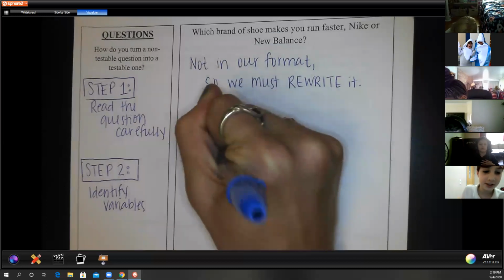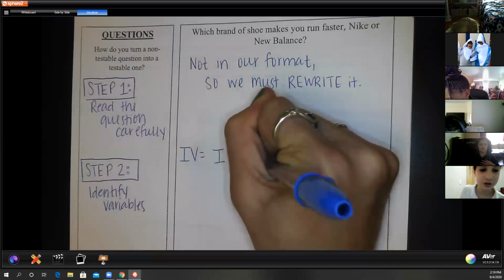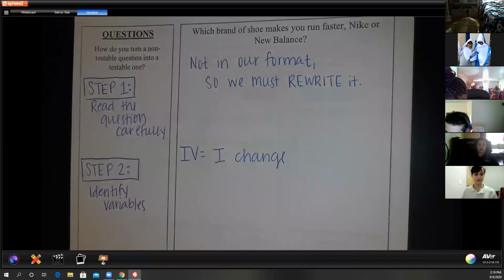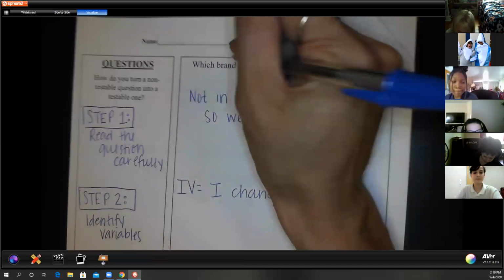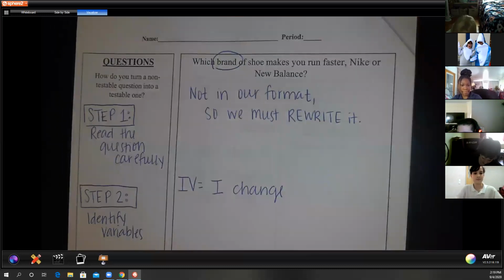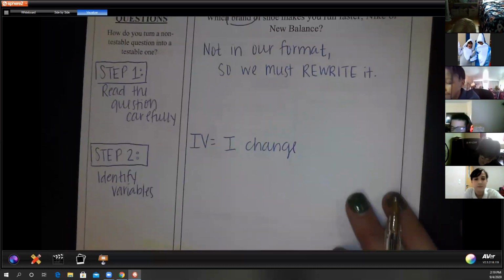Your IV is the different type of shoe you have. Yep, I'm going to say the brand because when we say type of shoe, what do I mean? Like a basketball shoe, a running shoe? But we're specifically talking about the brand, so we want to use the words that are in the question.